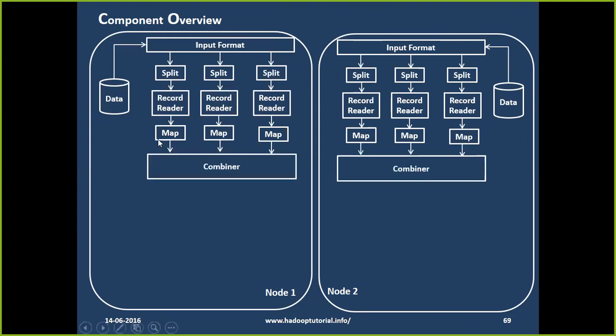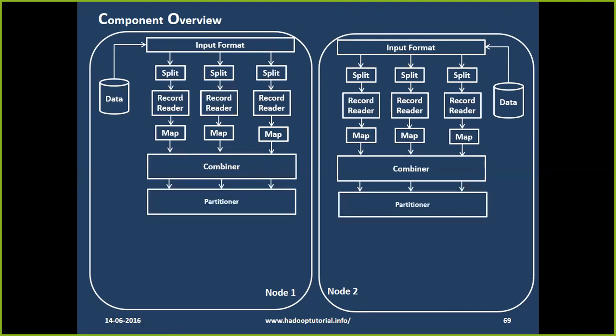After map tasks are completed, there is one combiner which combines all your map outputs and sends them to the partitioner. Assuming 2 reduce tasks will be running, this partitioner will produce 2 files, and this partitioner will produce 2 files.